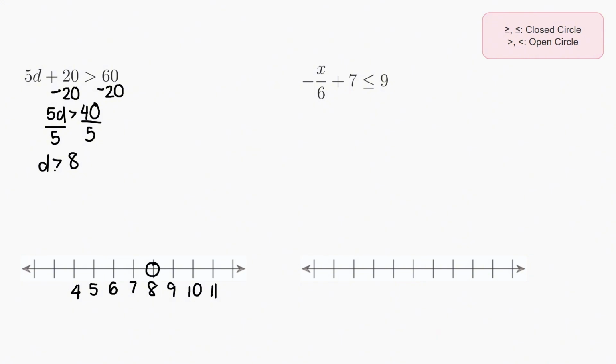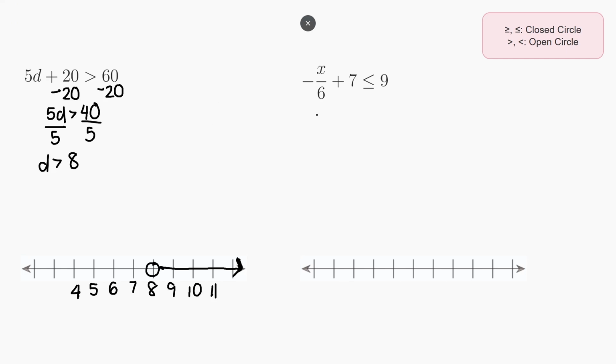The arrowhead is going to the right, which means we're going to go this way. Our line should go here. This should make sense because d is greater than 8, so solutions like 9, 10, 11 should all be valid. So our line should go to the right, and this should cover all those solutions.